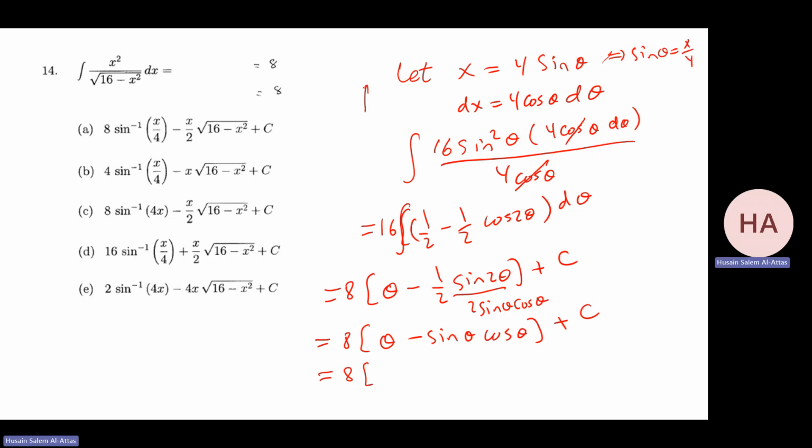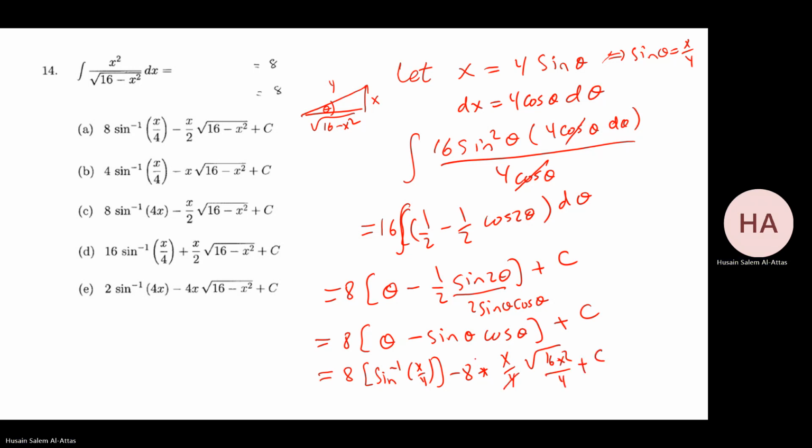Let me do the triangle here. This is theta, I have x over 4, and that will be square root of 16 minus x squared. Theta is sine inverse x over 4, minus 8 times, what is sine? Sine is x over 4, and cosine is square root of 16 minus x squared over 4, plus c.